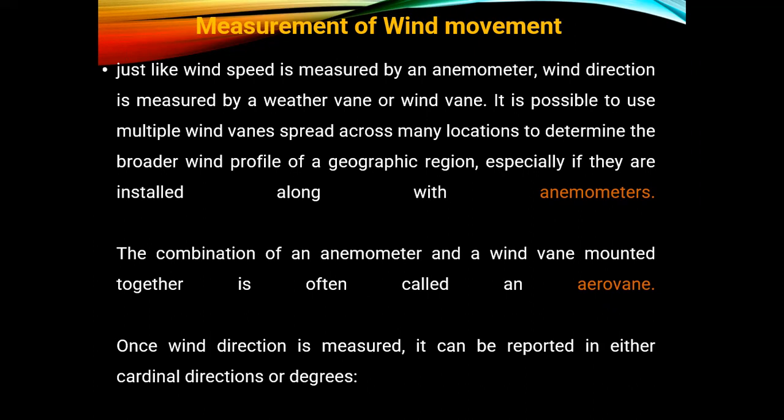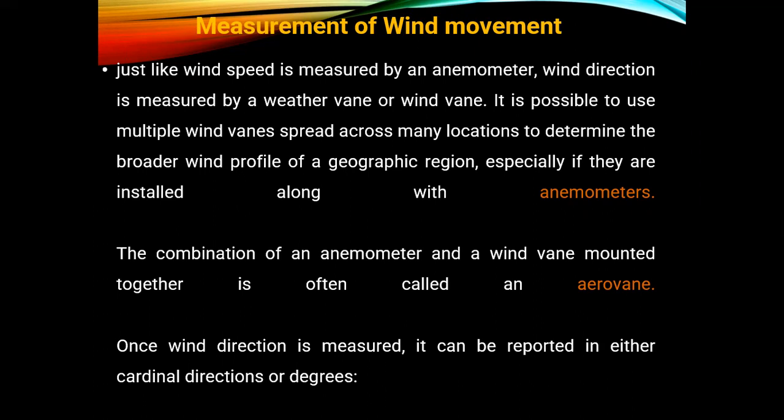It is possible to use multiple wind vanes spread across many locations to determine the broader wind profile of a geographic region, especially if they are installed along with anemometers. The combination of an anemometer and a wind vane mounted together is often called an aerovane.